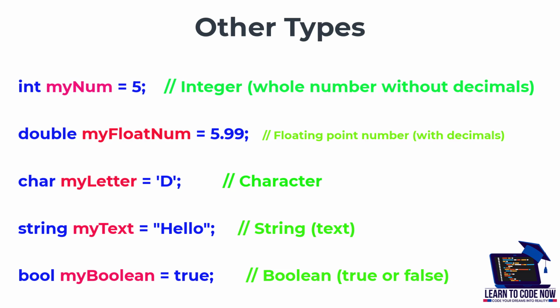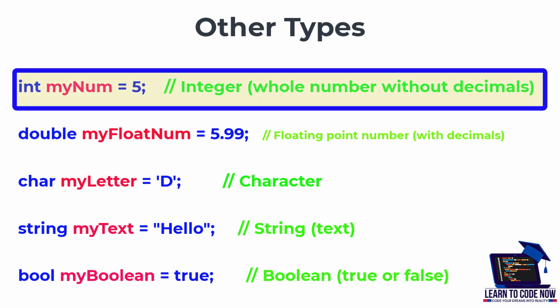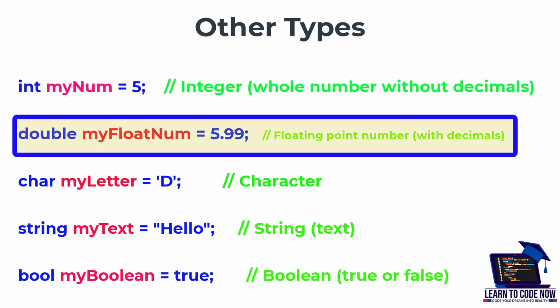Here we have a demonstration of other types as well. In the first line, we have the integer type variable myNum and we are assigning the value 5 to this variable. In the second line, we have the myFloatNum variable with the type double and we are assigning 5.99 to it.